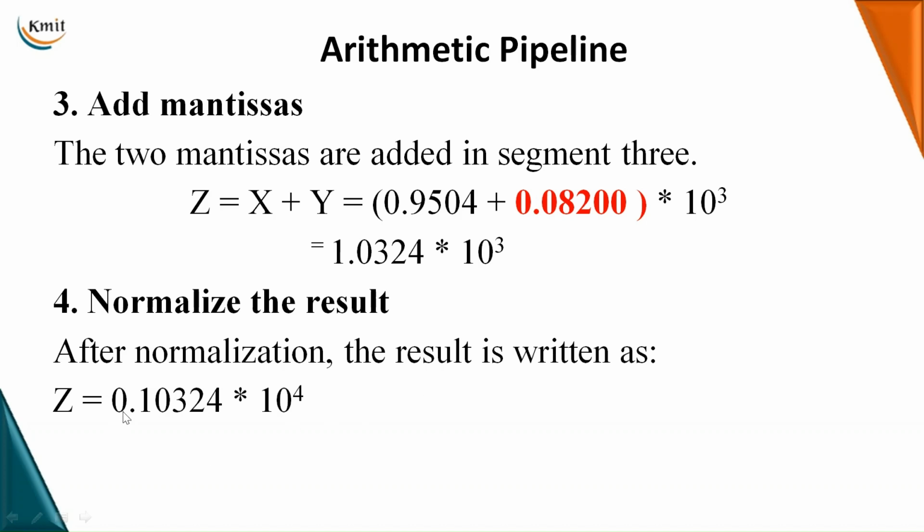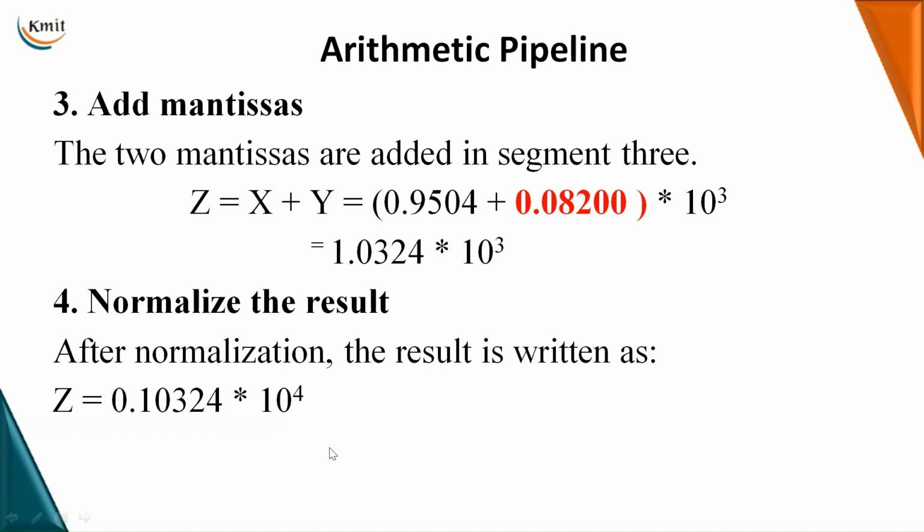So your result z becomes 0.10324. This 1 is shifted towards the right, and you increment your exponent, so it becomes 10 to the power of 4 because you performed a right shift. This is how you perform normalization.